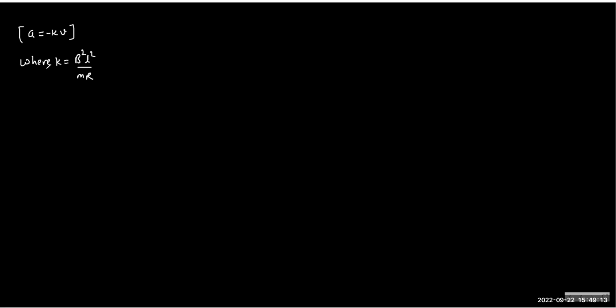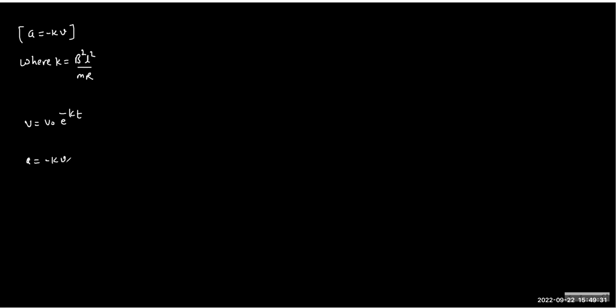Sir, v naught into e power minus t by k. So v equals v naught e power minus kt, right? Like this? Sir, t by k. No, then it's again some mistake.